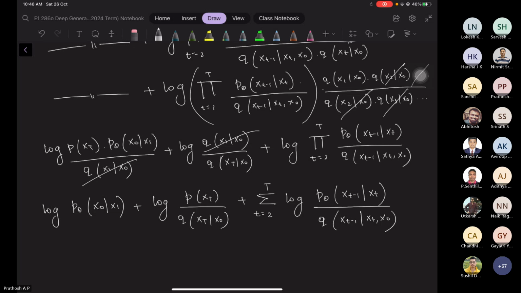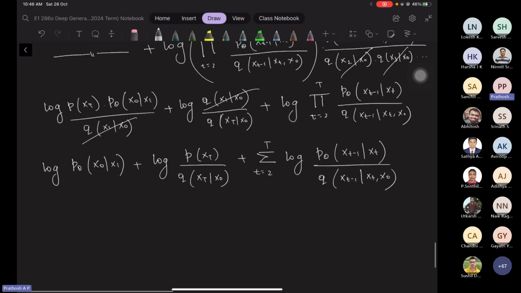Okay, we are almost done. Three more steps. Note that there was an outer expectation, right? So bringing in the outer expectation. What did we have?